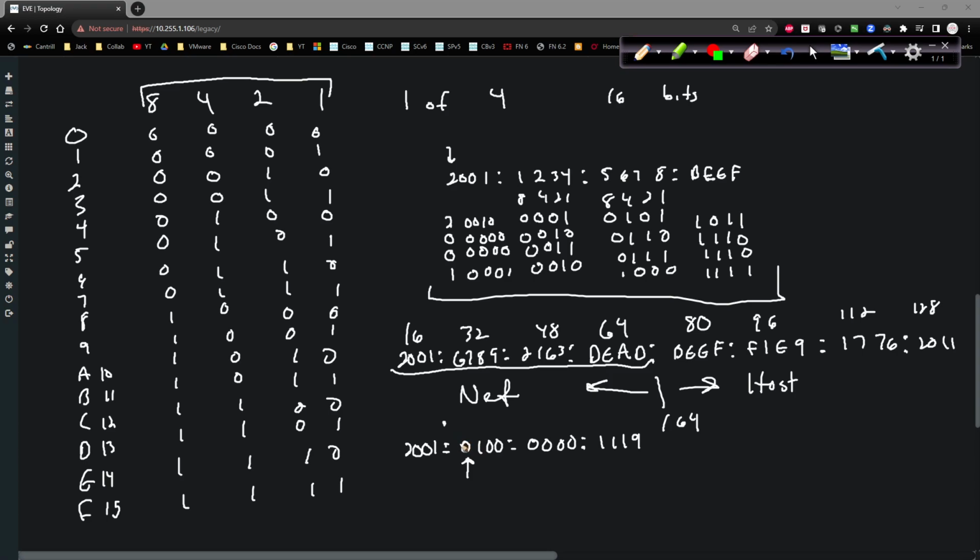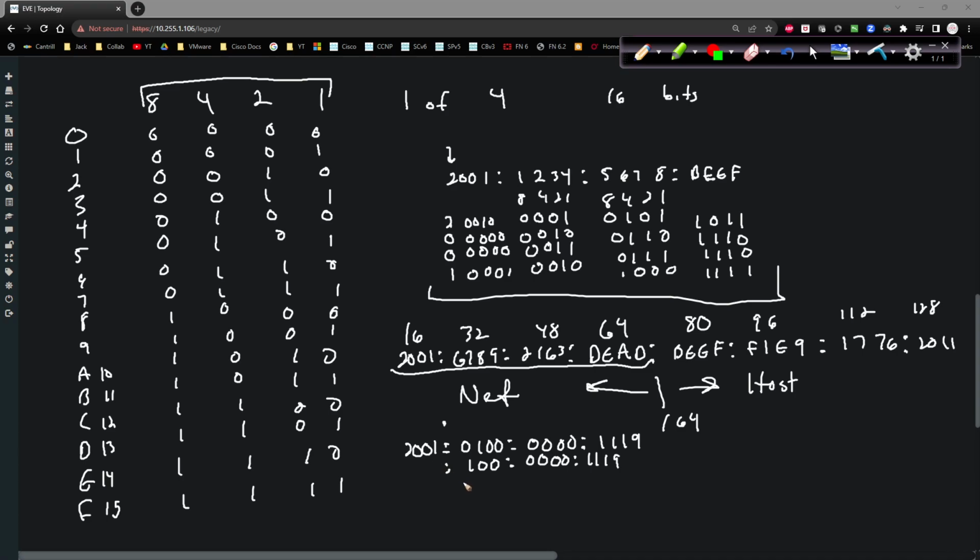So you could actually rewrite the value as 2001 colon 100 colon 0000 colon 1119. Now, you can only do this one time per address. So you could drop the leading 0, the first 0 in your 16-bit block. That's one way to do it.